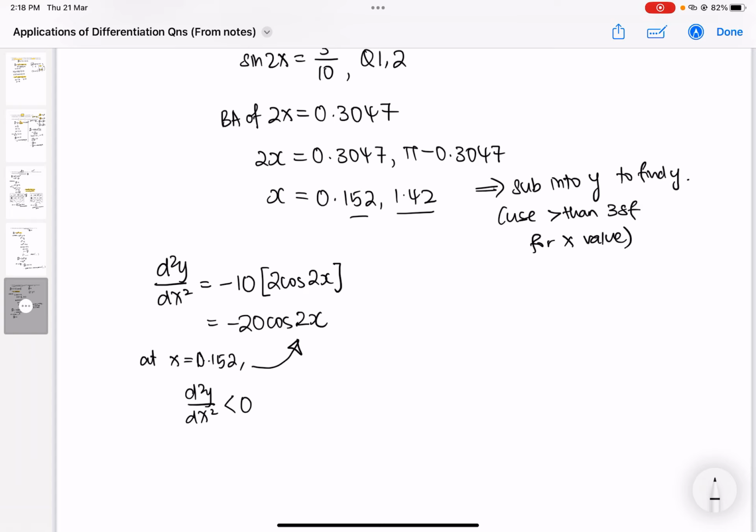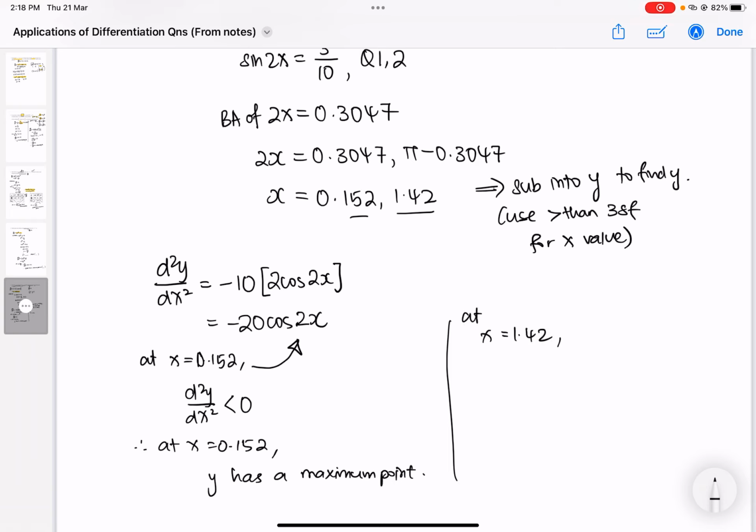Then you can conclude, therefore, at x equals to 0.152, y has a maximum point. If the second derivative is negative, it's a maximum point. Then you repeat the same thing for x equals to 1.42. Okay, so I will let you do this part on your own to come up with the conclusion.